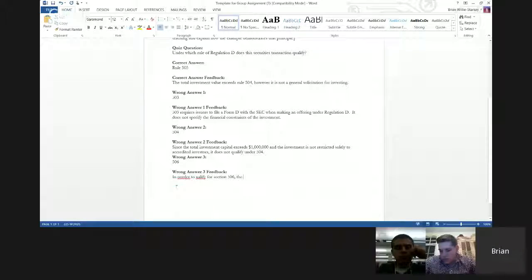In order to qualify for Section 506, the solicitation for investment must be open to the general public. Sorry, repeat that. The solicitation for investment must be open to the general public.